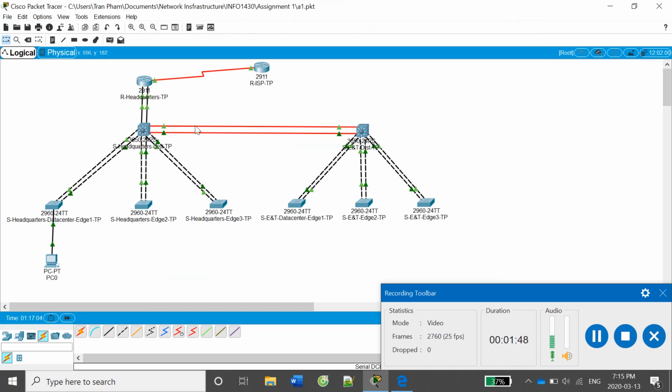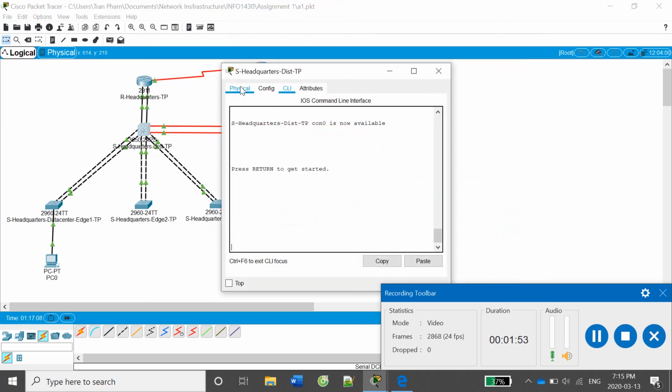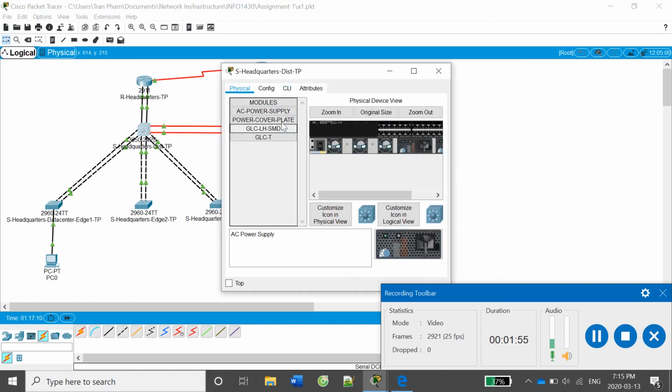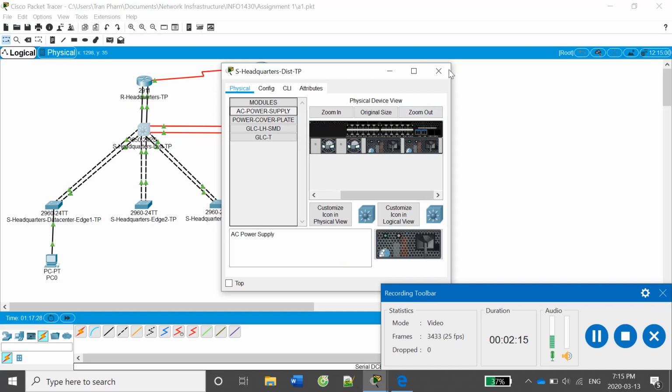Between distribution switches, I use fiber optic. To use fiber optic, I have to add this port here, so I create two ports for the two interfaces on the channel. To power it on, I add the AC power supply here.